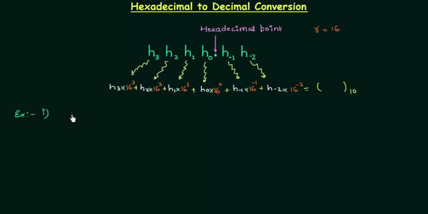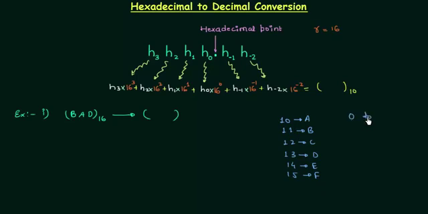The hexadecimal number is BAD. This is in hexadecimal and we want the decimal equivalent of this hexadecimal number. Now if you remember the first presentation on number system, I told you 10 is represented by A, 11 is represented by B, 12 is represented by C, 13 is represented by D, 14 is represented by E, and 15 is represented by F. And we have 0 to 15 in case of hexadecimal number system.